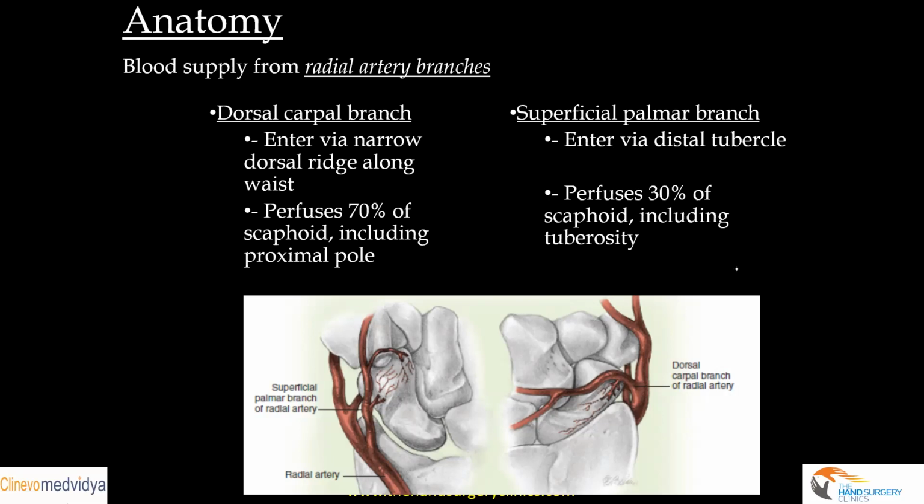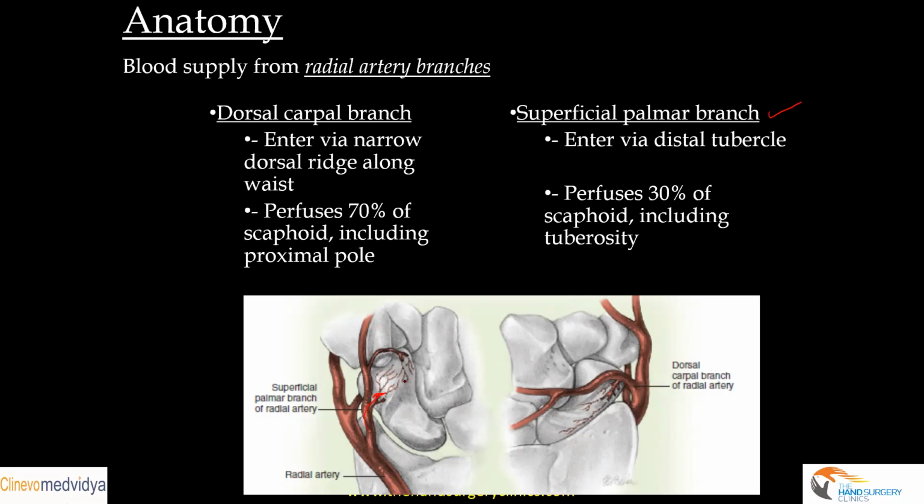You can see that there are two main arteries that supply the scaphoid. You have the dorsal carpal branch and you have the superficial palmar branch. The dorsal carpal branch enters via a narrow dorsal ridge along the waist of the scaphoid, right here.